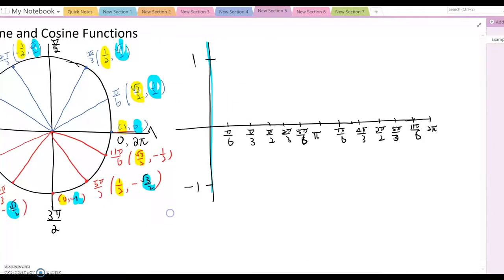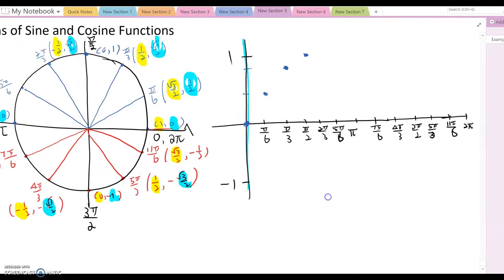Alright, so sine first. First of all, sine begins at 0 here. And then pi over 6, 1 over 2. And then pi over 3, root 3 over 2. And then pi over 2. Oh, I forgot to point out this value here. This is 0, 1. So 1.